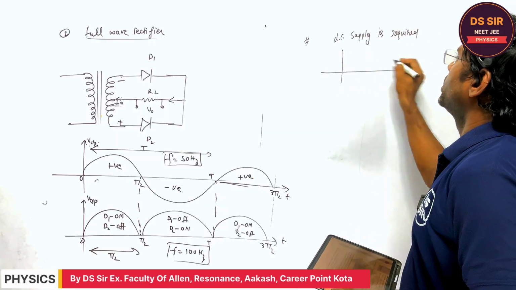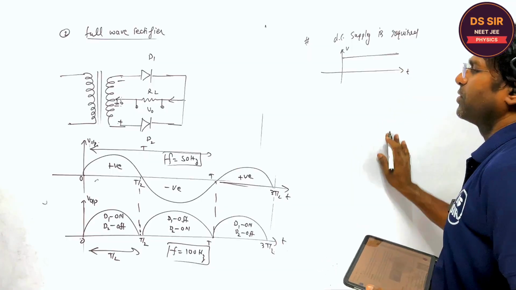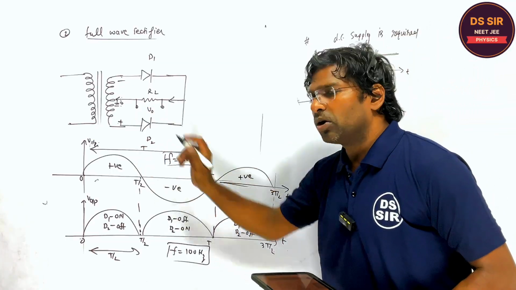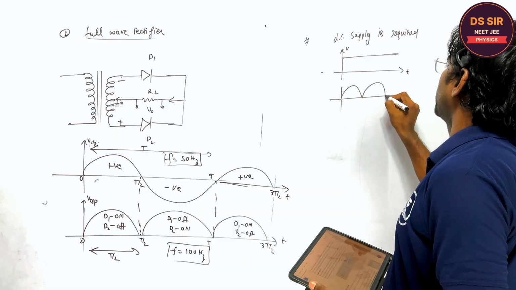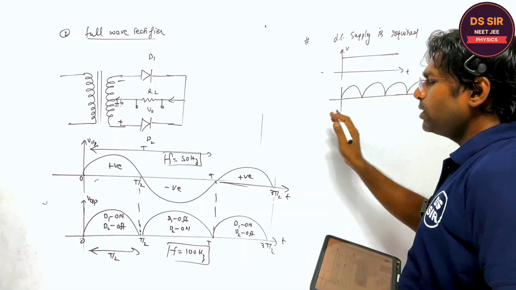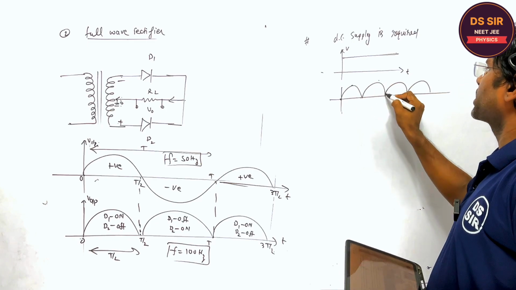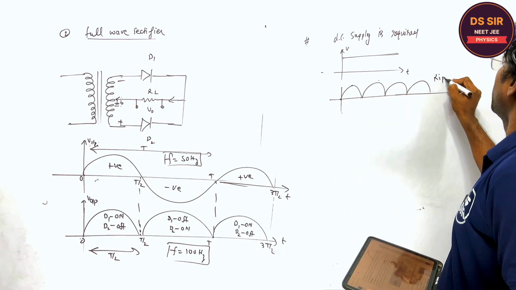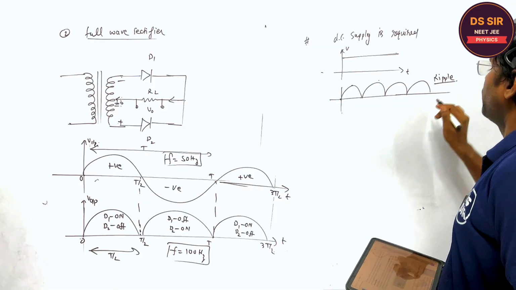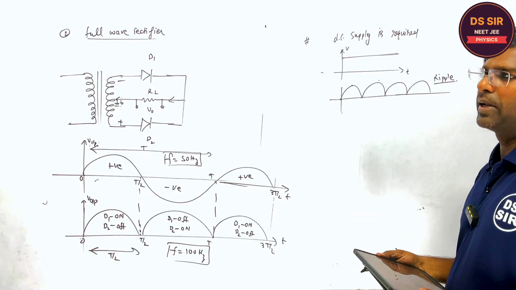DC supply means the voltage is constant as a function of time t. But if you consider only the rectifier, the output voltage you are getting is like this. Although it is in the same direction, it is 0, then maximum, 0, then maximum, 0, and then maximum. So this is the ripple, which is not a very good power supply.